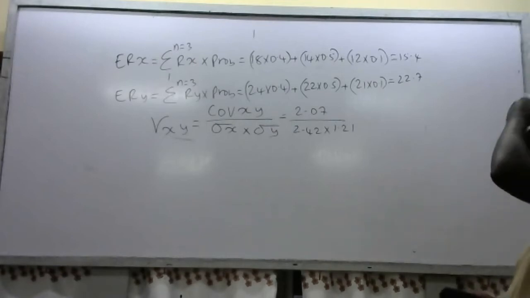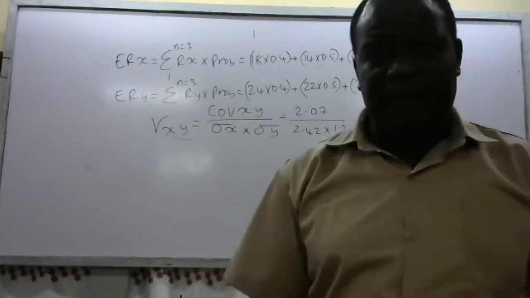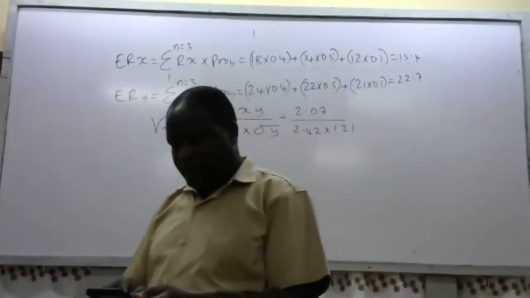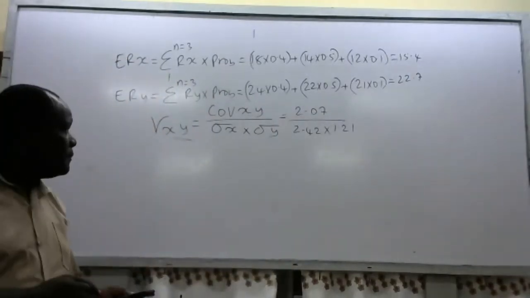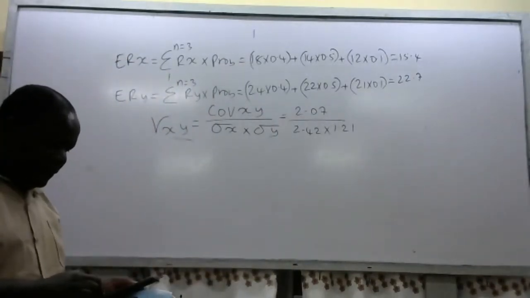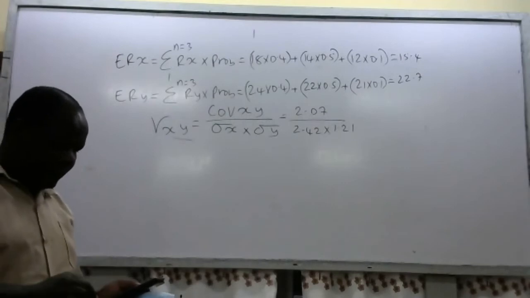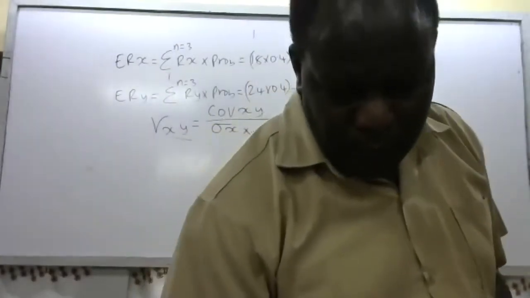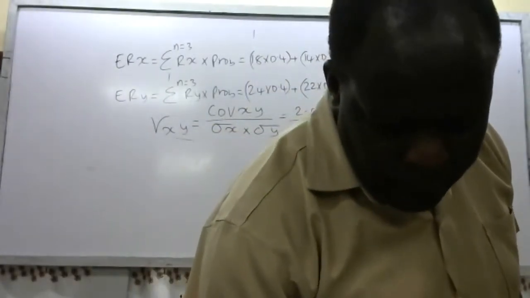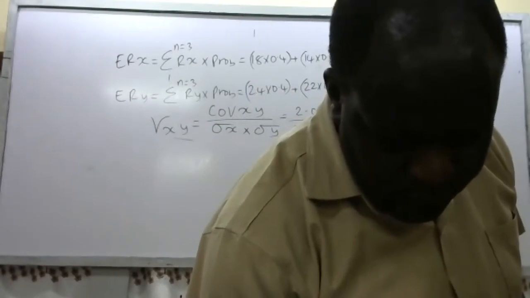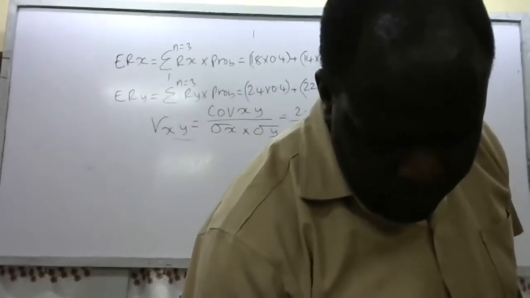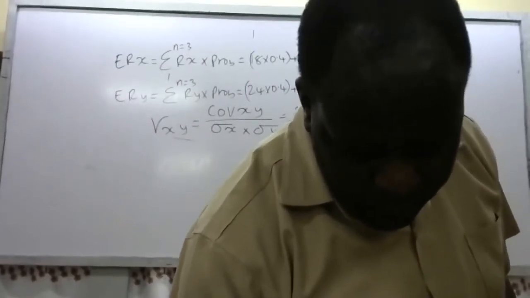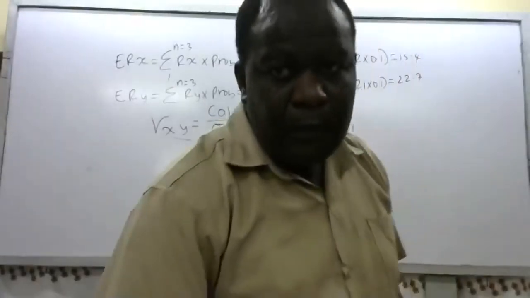So you said it is 1.21. That was the variance, so we have to do the square root.